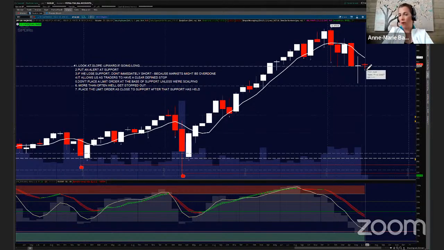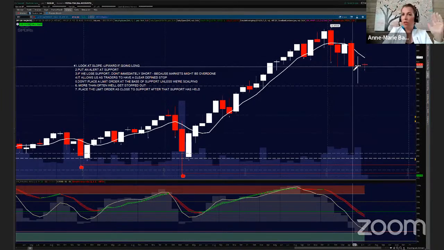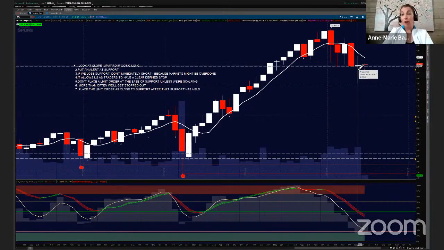So over here, I'm anticipating that I bounce back up into resistance and take the short-term trade into that upward bounce, because I'm using the same rule: if I hold support and I close my first candle above that support zone, which didn't happen until here, this is the candle I go, you know what, I'm going to try to go long. So that's the reason behind my particular trades right now.